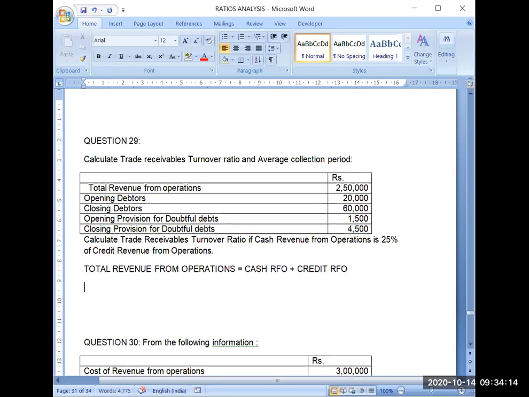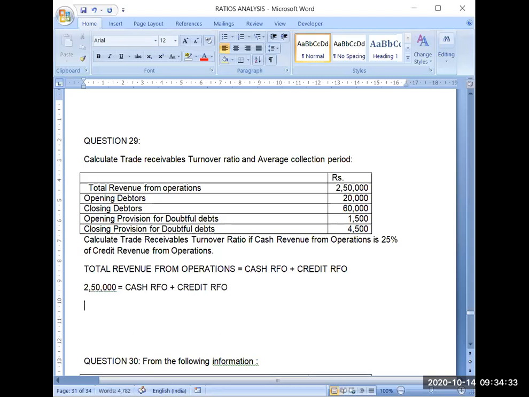Total revenue from operations is given 2,50,000, equal to cash revenue plus credit revenue. Now cash revenue from operations is equal to 25%, meaning 25 upon 100 multiplied by credit revenue from operations.